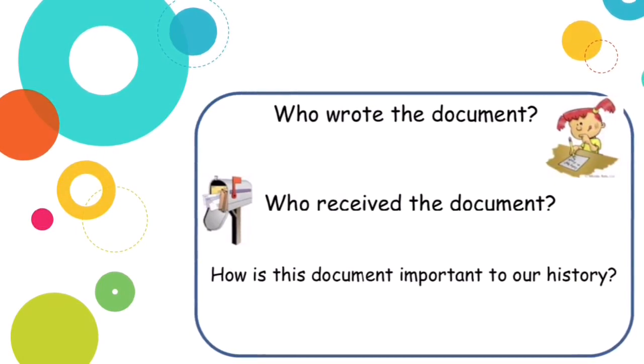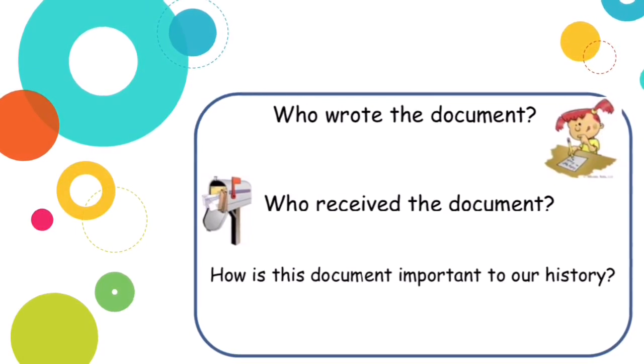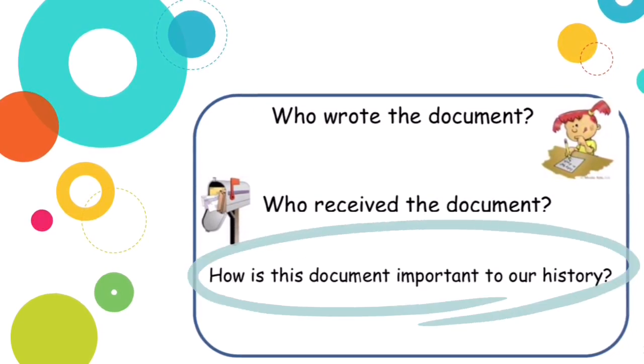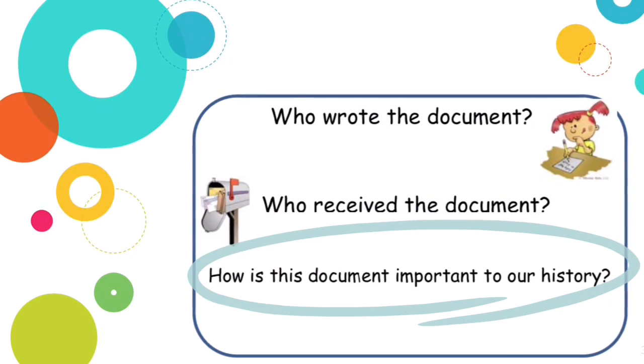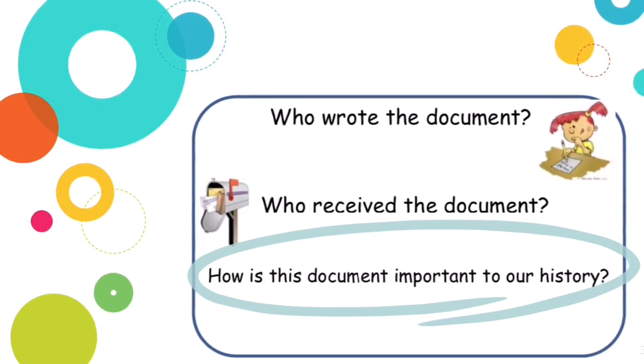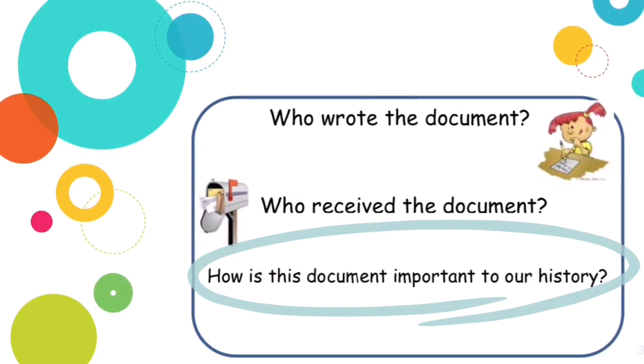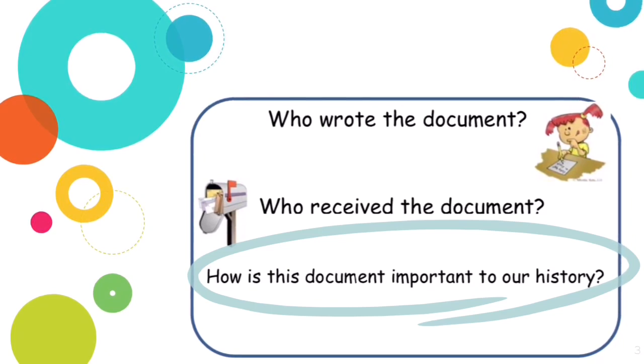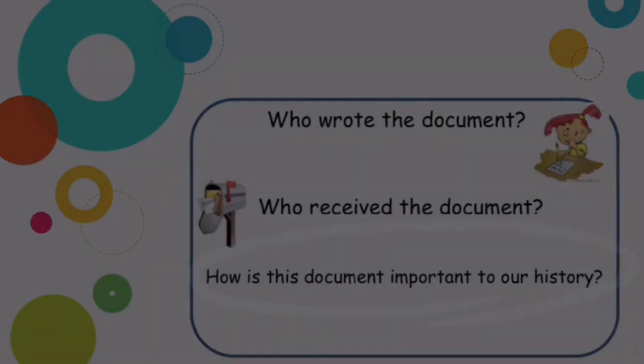Now that they have a better understanding of what this document is and what it is about, we talk about how this document is important to our history. We're not talking about the Sylvia Mendez case, we're talking about this article right here. How is it important to our history?